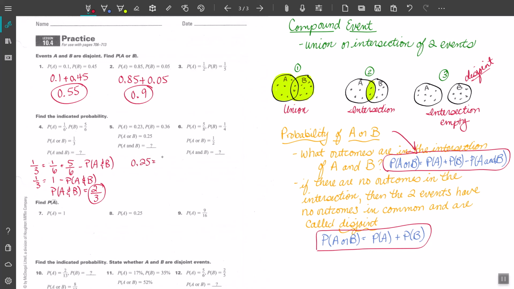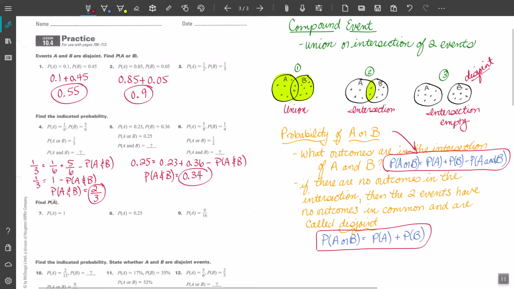That's going to equal the probability of A plus the probability of B minus what we're trying to solve for, the probability of A and B happening at the same time. All right, so we're going to add, subtract, do all our algebra to solve for the probability of A and B. And that, all said and done, calculates out to be 0.34.